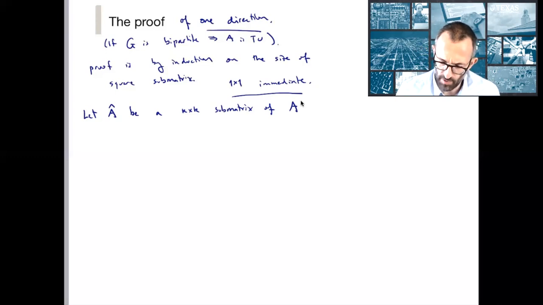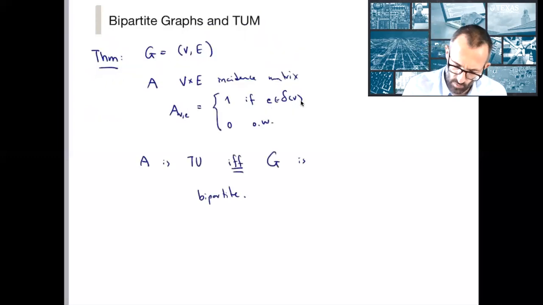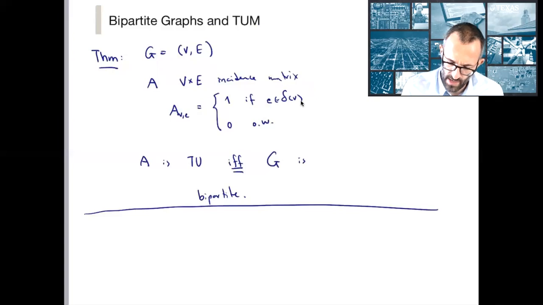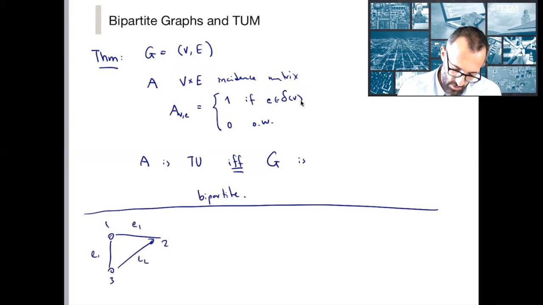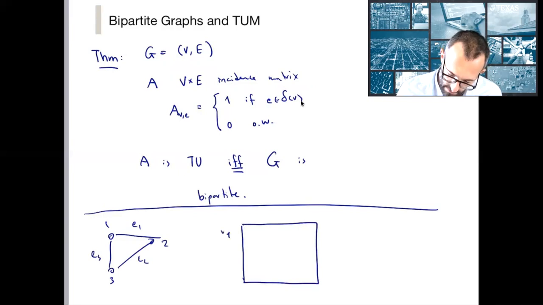Let's also briefly recall what A looks like. Let me write a non-bipartite graph here with vertices 1, 2, 3 and edges E1, E2, E3. This would be a 3 by 3 matrix with the vertices V1, V2, V3 as rows and the edges E1, E2, E3 as columns.